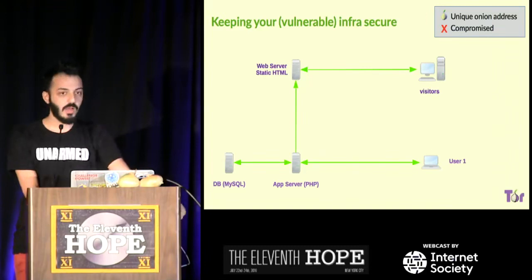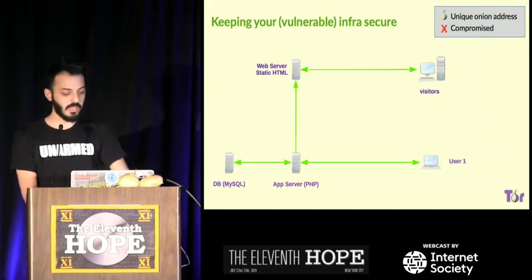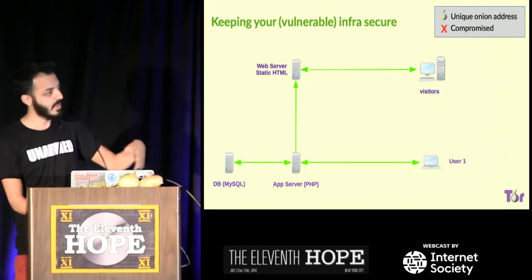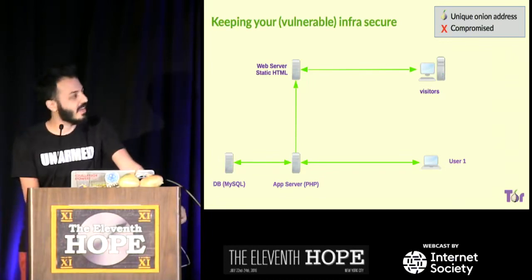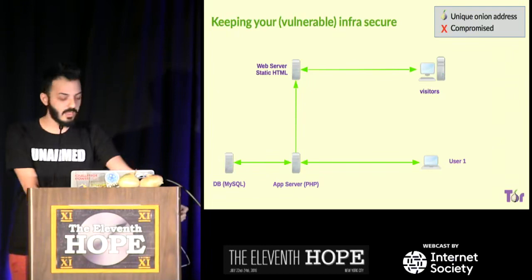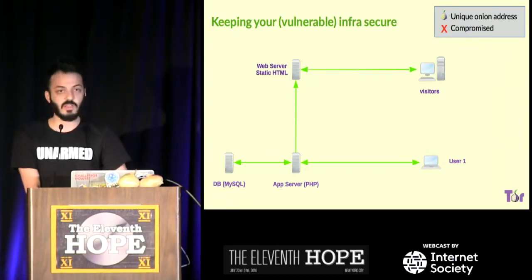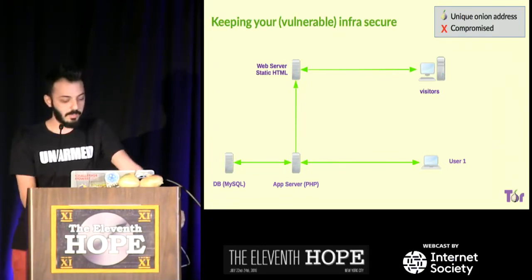Now, when you have this setup, even though it's distributed and everything is compartmentalized, there is still the risk of exposure. There's the risk of exposure of your PHP application server, and of your DB server.